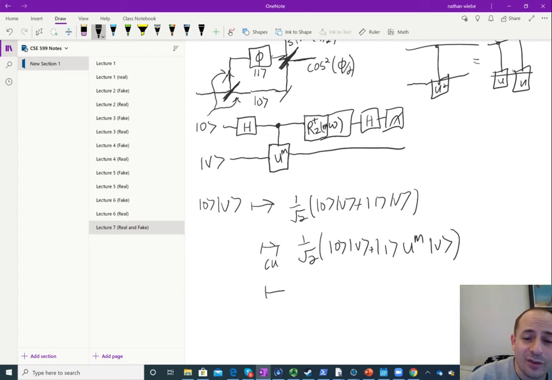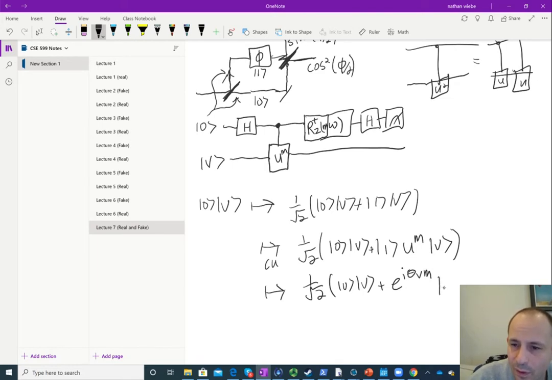And so because it's an eigenstate, otherwise called an eigenvector, the two are synonymous, we end up getting e to the i theta v times m over here, on |v>|1>.